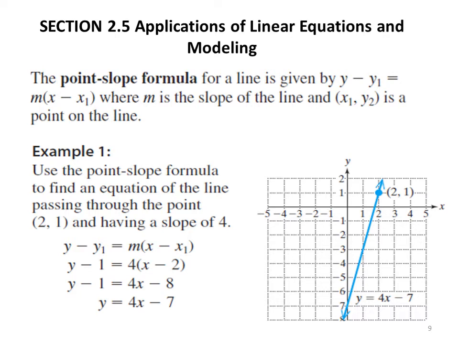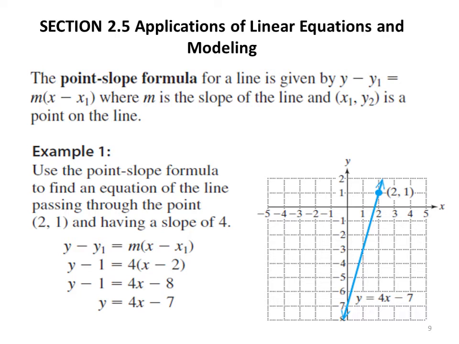So it's a matter of substituting in the point slope formula. Here is the point slope formula, y minus y1 equal m times x minus x1. m is the slope, x1 and y1 is the known point. So here now we want to substitute 1 for y1, substitute 4 for the slope, and substitute 2 for x1. The remaining step is just to simplify this equation.